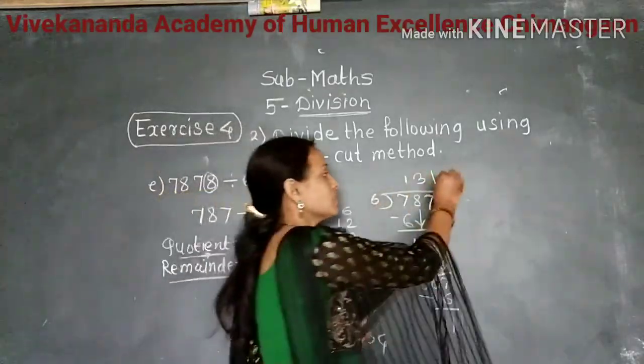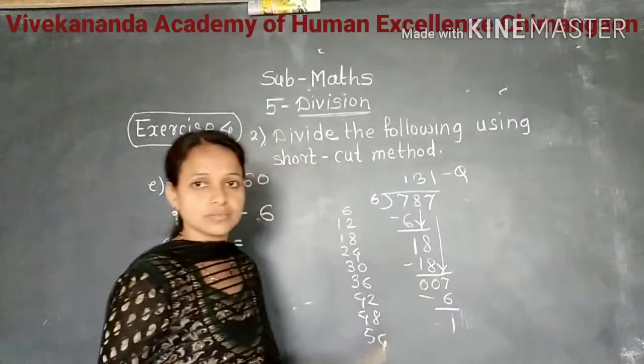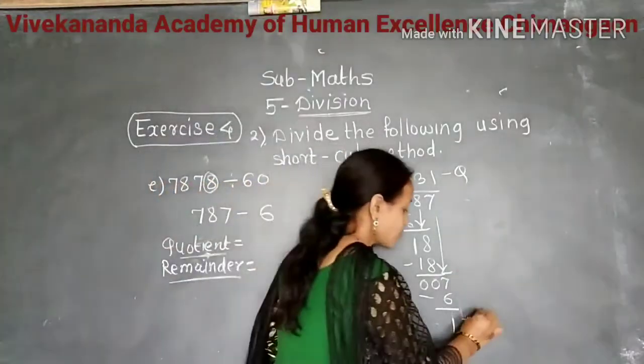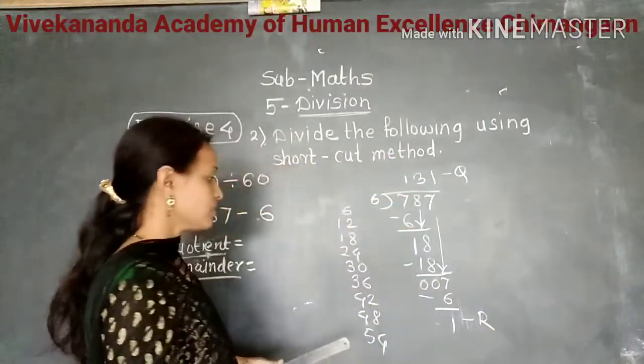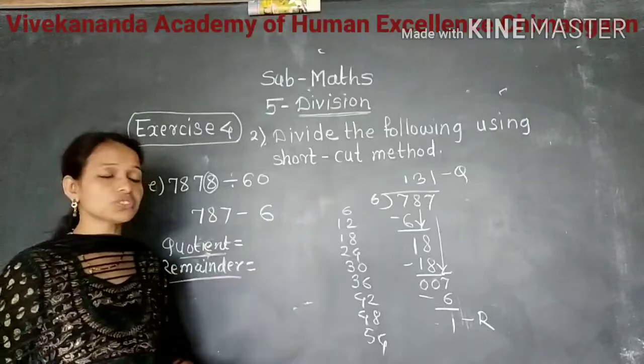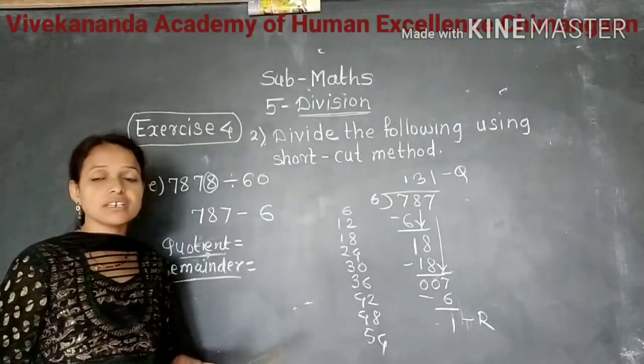So 131 is the quotient and we get remainder 1. Here we divided the new dividend by the new divisor and got quotient 131 and remainder 1.